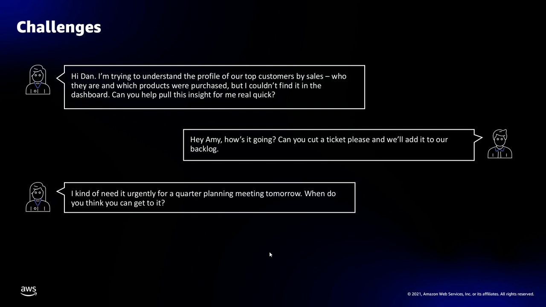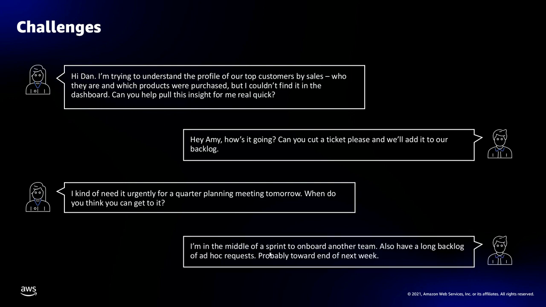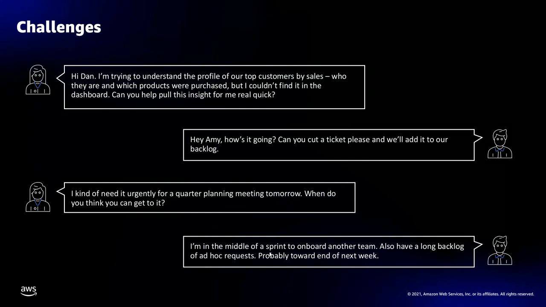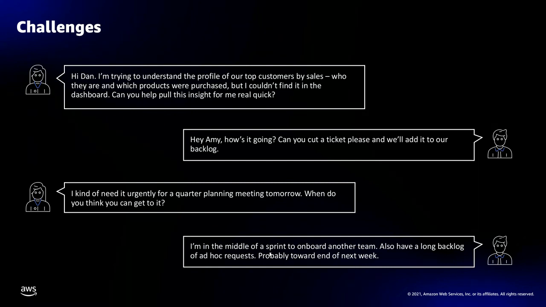Well, Ann's a sales manager. She's not giving up. She's going to come back one more time. I've got my planning meeting tomorrow. Really, when can you get to this for me? Again, we have got a process in place. The BI team is a small team supporting an organization. Dan responds that he's onboarding. He's in the middle of another project right now. You're going to have to go to the queue.